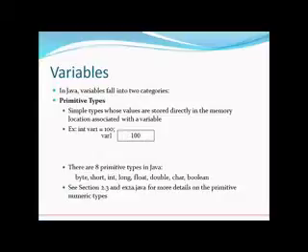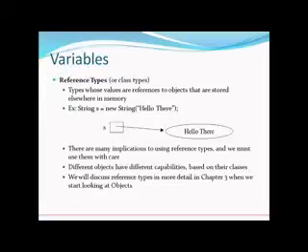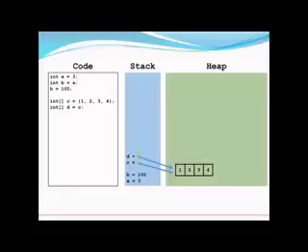But for a reference data type like a string, the variable will be stored in the stack, but the value will be stored on the heap, another data structure. Now we will delve closer into this.